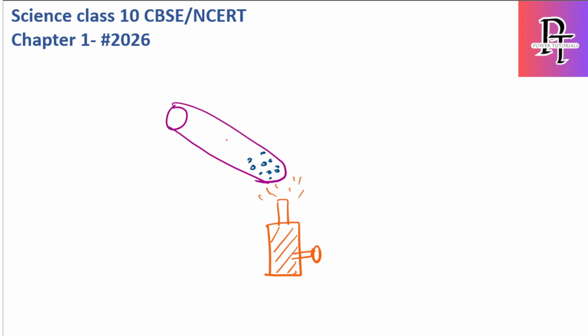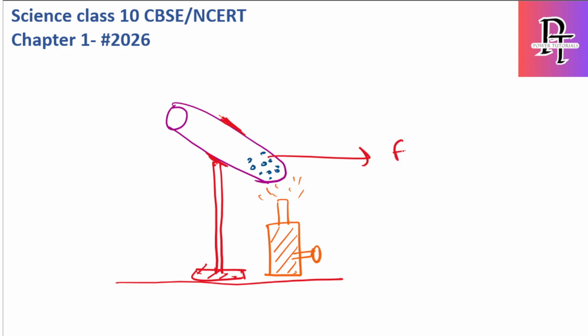This test tube cannot stand like this, so with the help of a stand we'll fix it. So I'm using a stand, and these two are connected to the stand like this. So what is the experiment? I have taken a test tube, I have kept ferrous sulfate crystals, and I'm providing energy in the form of heat.